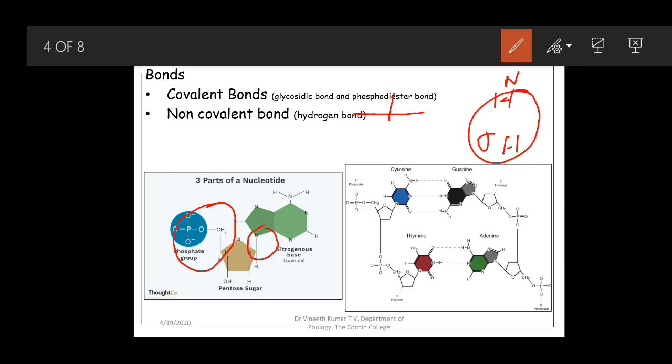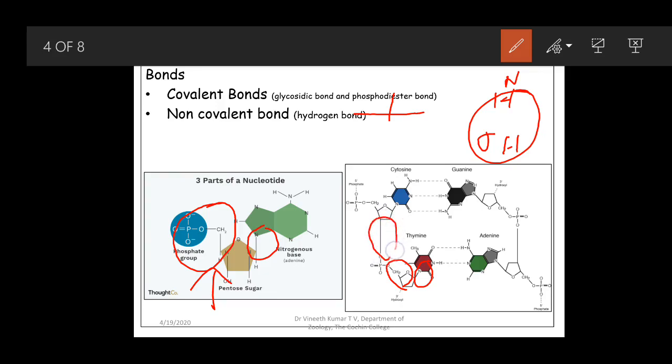As we said earlier, this is the particular bond called the glycosidic bond, and this, from our earlier discussion, is one of the ester bonds. When this nucleotide polymerizes with another nucleotide, the nucleotide seen above it bonds here.